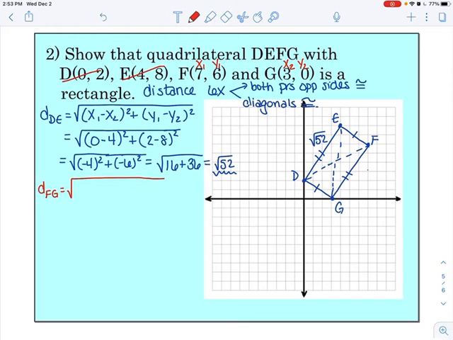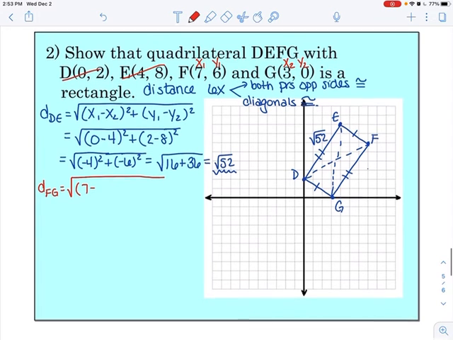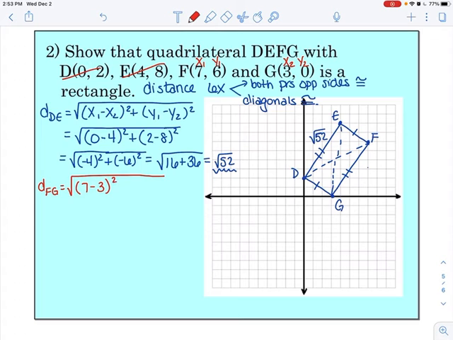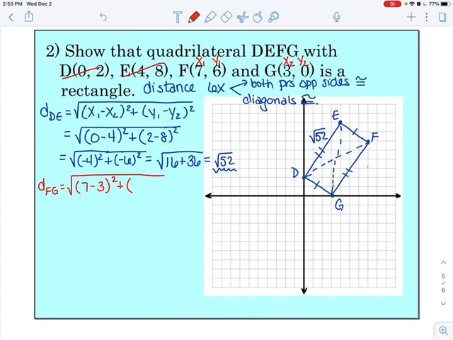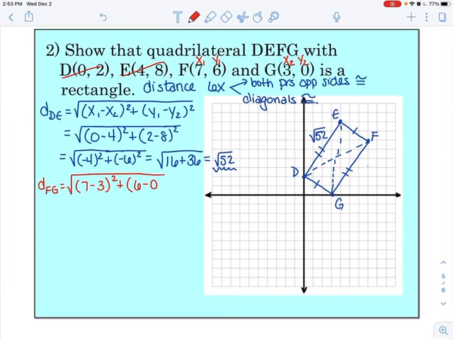Again, the distance formula is written above, so I'm not going to rewrite it right now. I'm just going to start plugging in. X1 is 7. You have a minus sign from the formula, and X2 is 3. So I'm going to have 7 minus 3 squared, plus Y1 is 6, minus sign from the formula, and Y2 is 0, so 6 minus 0 squared.